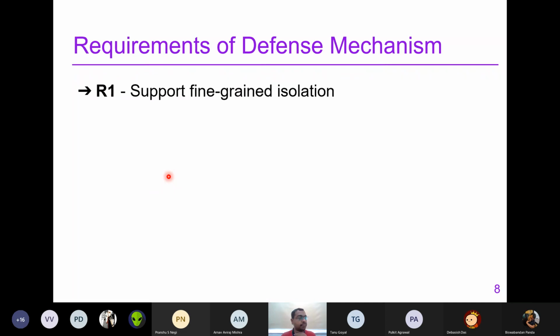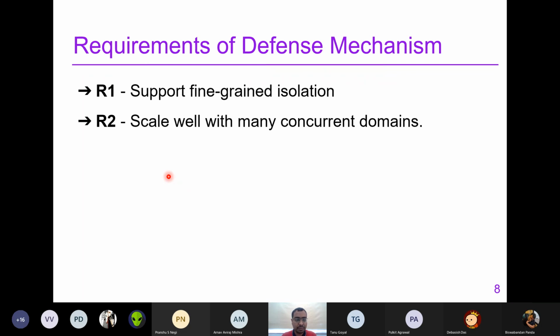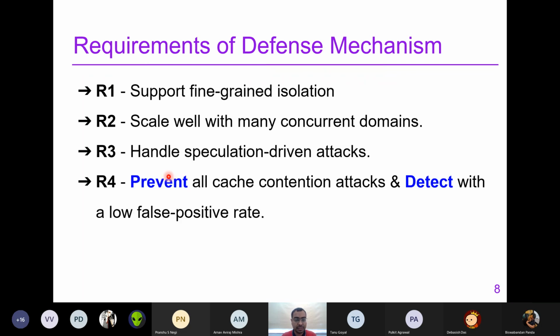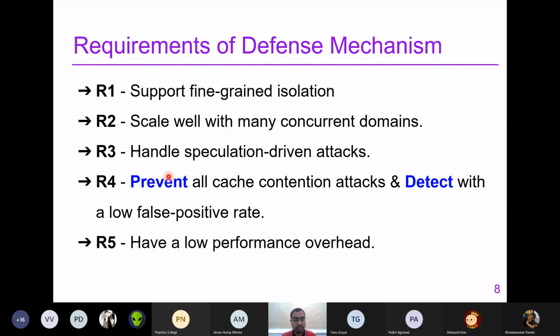They propose that any defense mechanism should satisfy at least 5 criteria. First, it should support fine-grained isolation. Second, it should be scalable, and third, it should handle speculation-driven attacks. Fourth, it should prevent both contention attacks. And if you are going for a detection-based mechanism instead of prevention, it should have a low false positive rate. Finally, it should have low performance overhead.